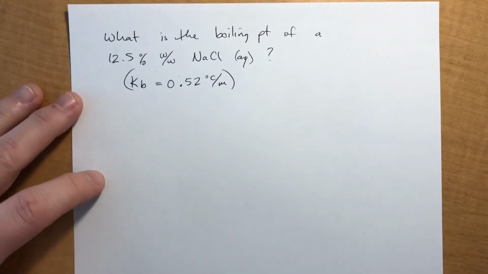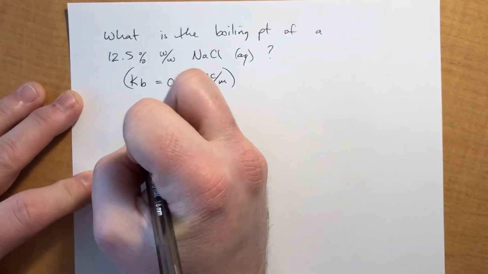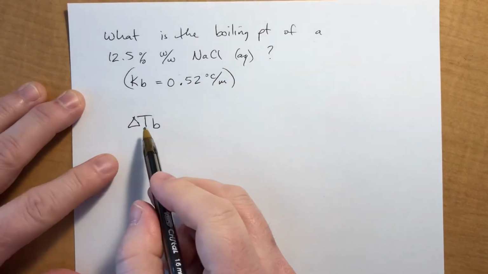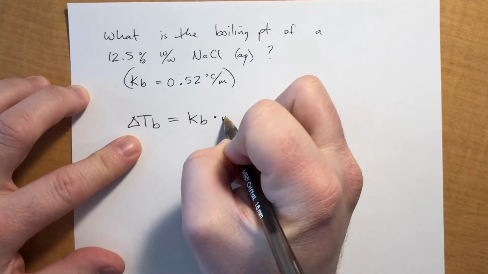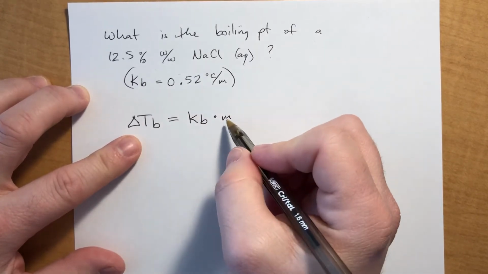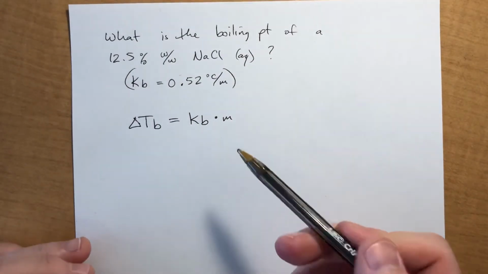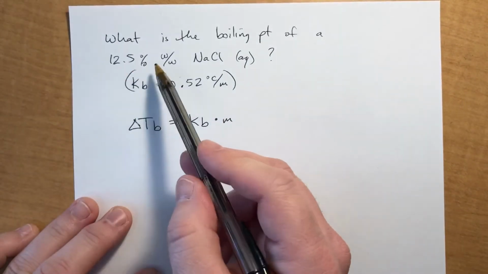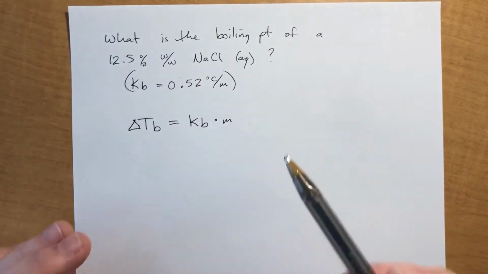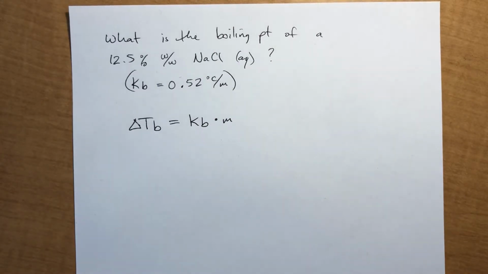So the equation that we care about is we want to know how much does the temperature change. Okay, well, this is Kb times M. Well, we know Kb, M is molality. So the hardest part of these problems, honestly, is solving for molality. So we need to take 12.5% weight of sodium chloride and convert it to molality.